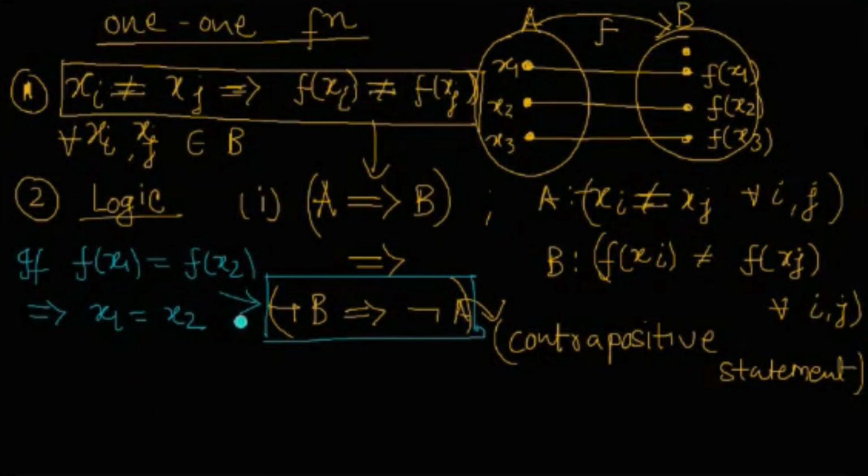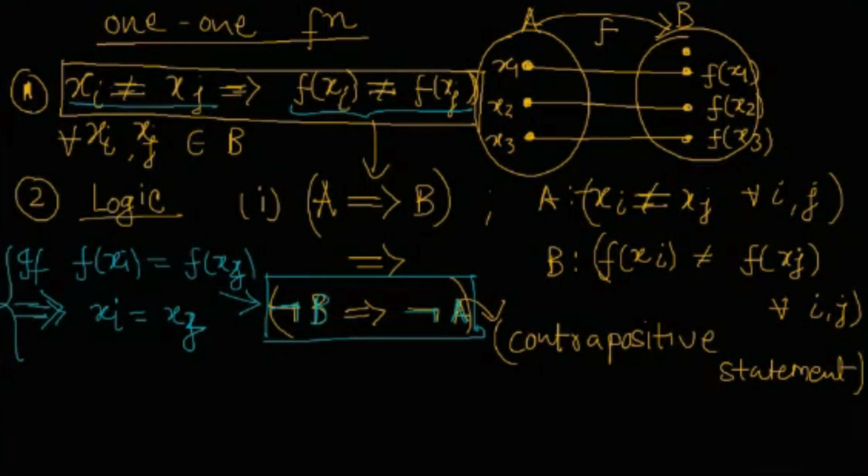Not B is f of xi equals f of xj, and this implies xi equals xj, which is the negation of statement A, xi is not equal to xj. So this is an equivalent statement you can prove.